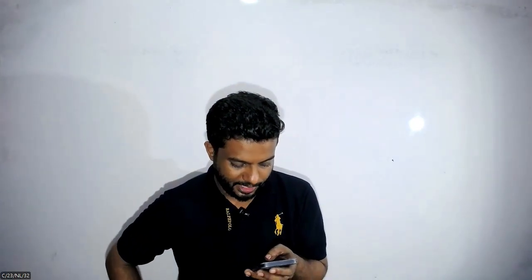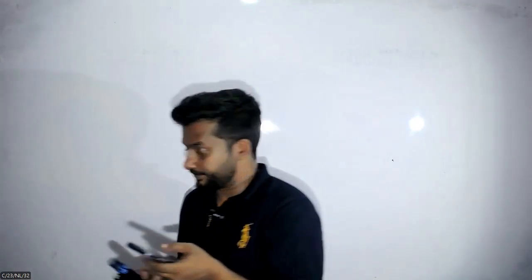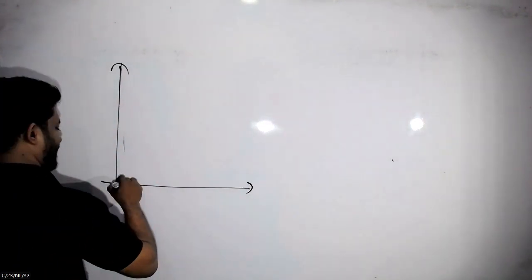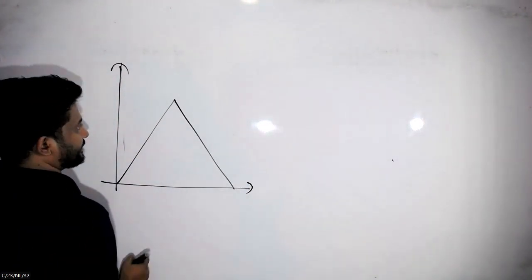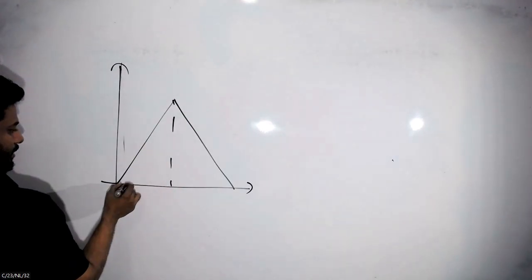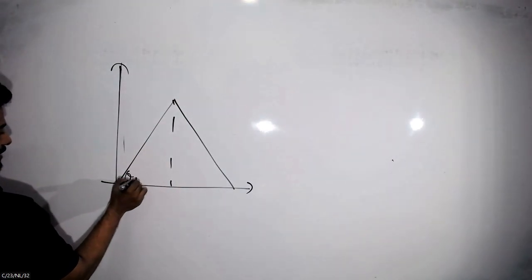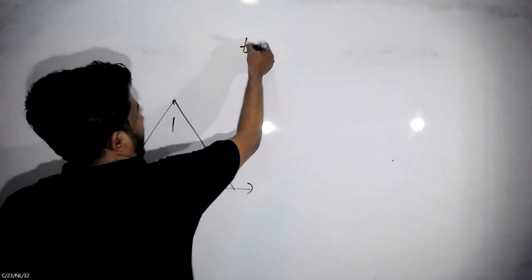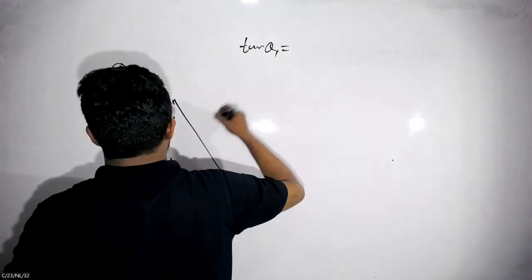A car accelerated from rest at a constant rate alpha for some time, right? After which it decelerates at a constant rate beta. Our deceleration is given as beta. First it accelerates, then decelerates. If this angle is theta 1, tan theta 1 is equal to the acceleration alpha.